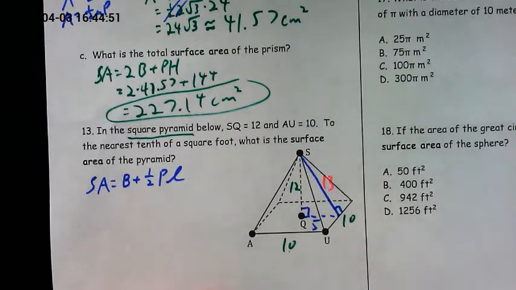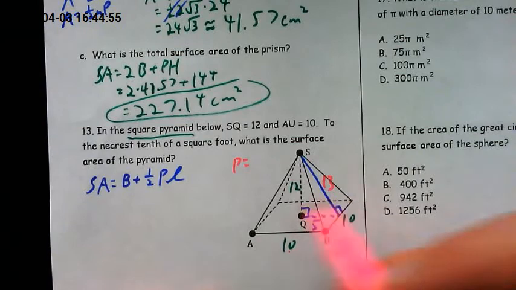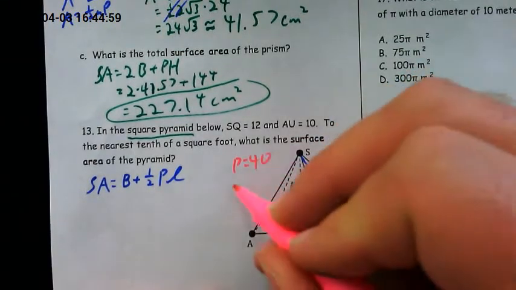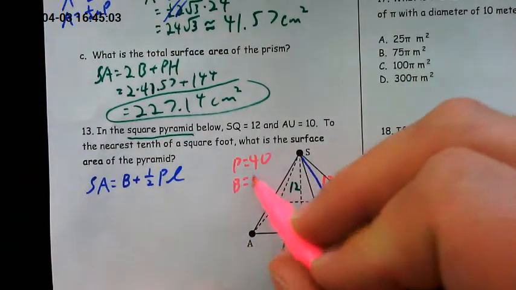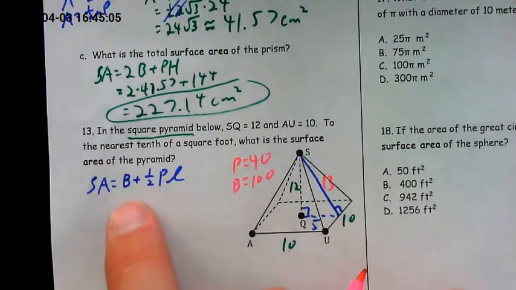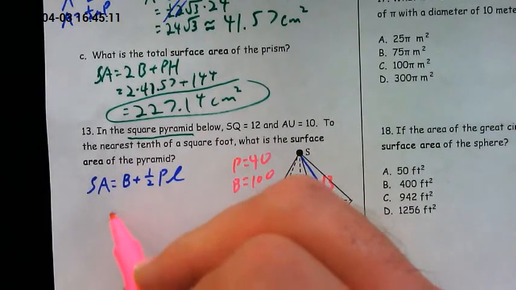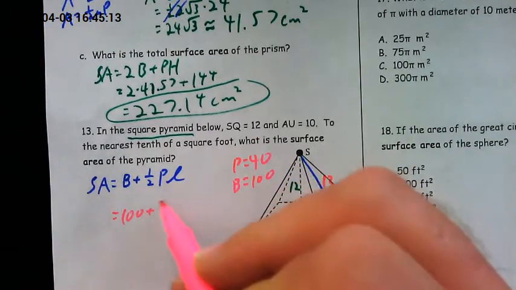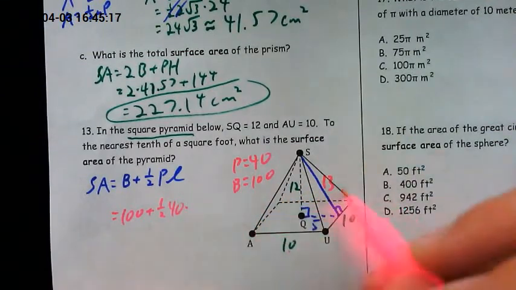Now, other things that you need to know, you needed perimeter for this problem. Well, 10 is on every single one of these sides. 10, 10, 10, and 10 is 40. And then base area, also pretty easy. It's a square, so 10 by 10 is 100. So we have base area, we have the perimeter, we have the slant height. Plug them all in. So we have 100 plus 1/2, 40 times 13.